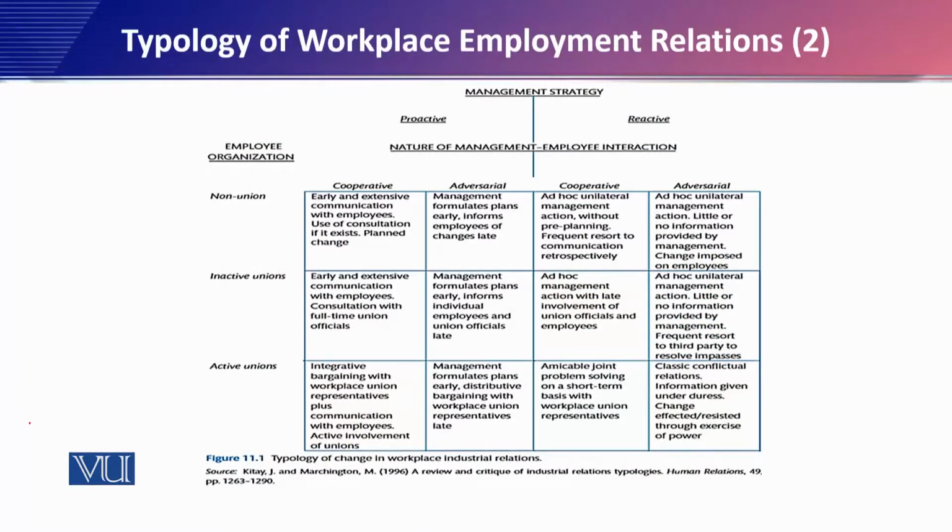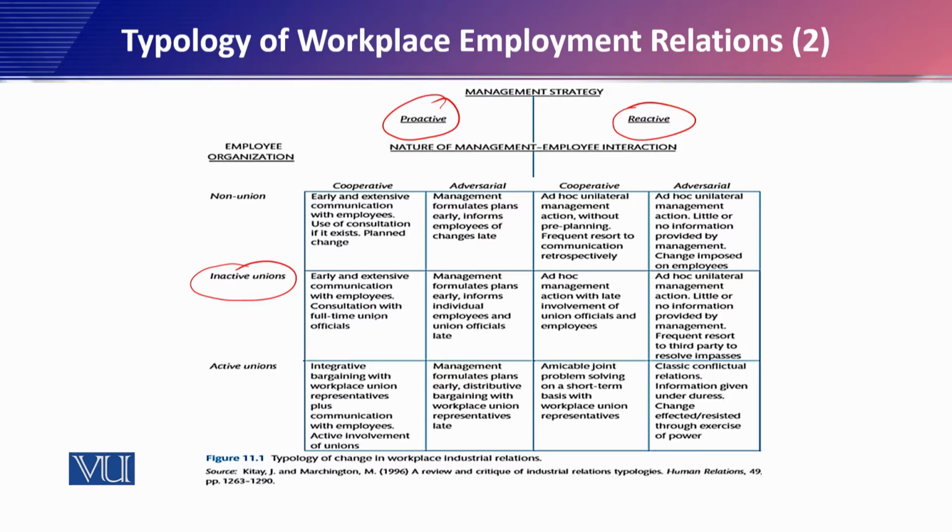In this module we will talk about the inactive union, and similarly the proactive approach and the reactive approach. The rest of the module will be the same: when the union is inactive, what choices in employment relations does an employer have, or what do they actually do in the current state of employment relations in that organization.